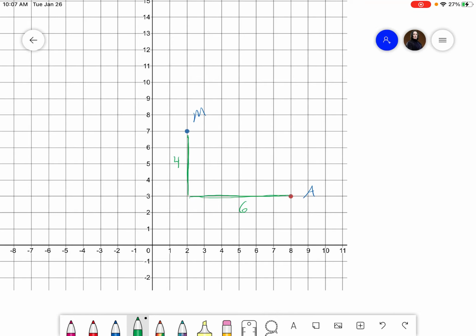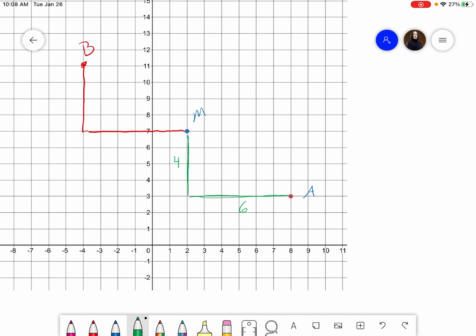So if M's the halfway point to some other endpoint B, all I have to do is move 1, 2, 3, 4, 5, 6. Just double check that, and I've actually made a small error. So if I move 6 units in the negative direction in my x from 2, I end up with an x coordinate of negative 4. And if I move up 4 units again, I end up at B.